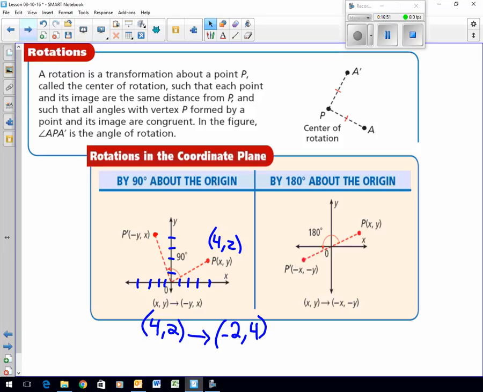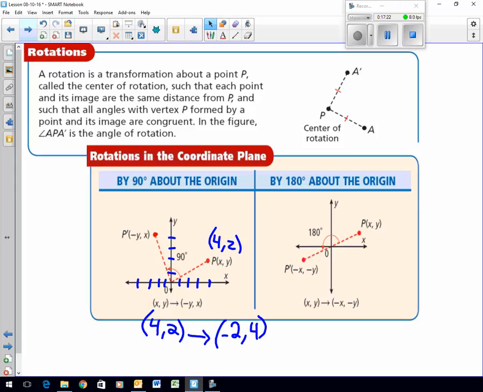If I start at 4, 2, and I rotate that point 90 degrees counterclockwise, I can simply take the opposite of the original y coordinate and then the original x coordinate, and that would represent my 90 degree counterclockwise rotation.